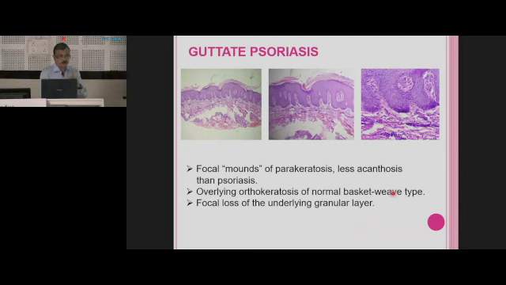It is post-streptococcal and it has got the rapid course. The acanthosis or the thickness of the epidermis will be less as compared to the classical psoriasis. The overlying orthokeratosis of normal basket weave type can be seen intermittent with the parakeratosis. The focal loss, because the parakeratosis is focal, that's why there is a focal loss of the granular layer.